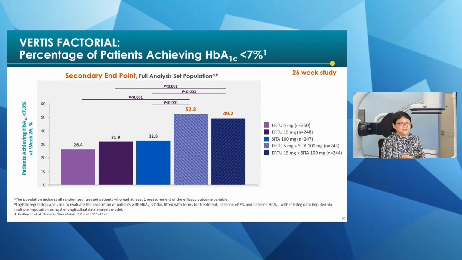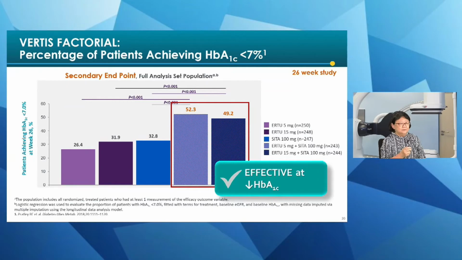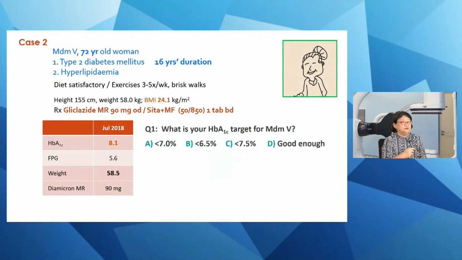Just to show you data to show that, in fact, you can combine DPP-4 together with SGLT2 in this Vertis factorial and get better bang for the buck in terms of percentage of individuals reaching A1C below 7%. So just to show you such a patient, all right?